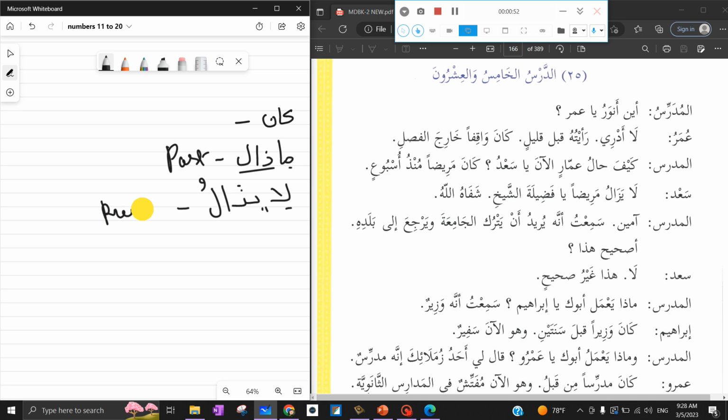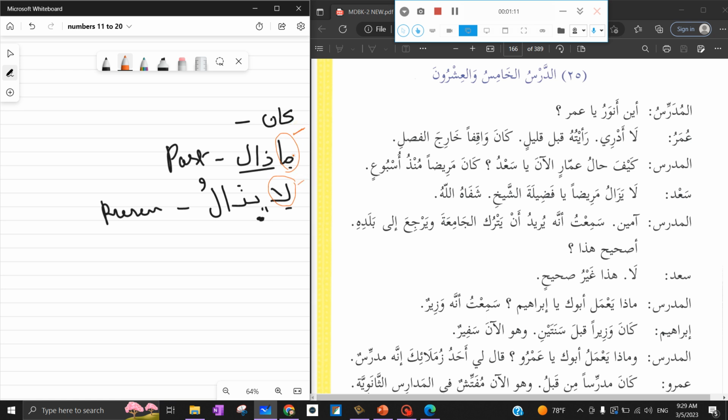As you can see, the ya for ghaib is present, and this is the past tense ma zalu. And we know that ma is used in the past and la is used in the present tense. So both these harf nafi are different.